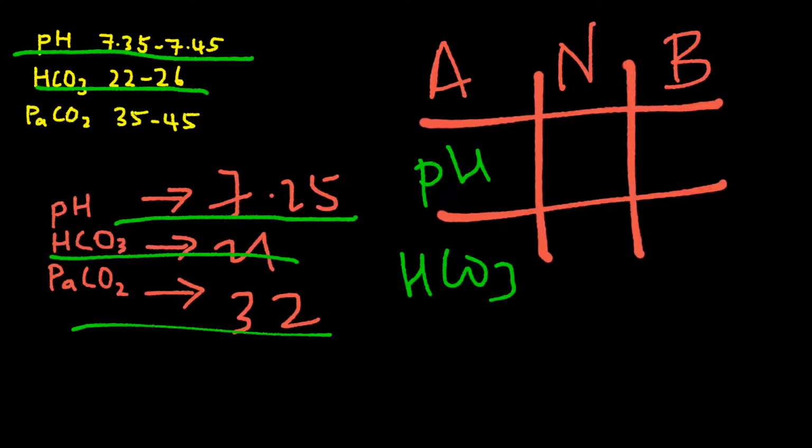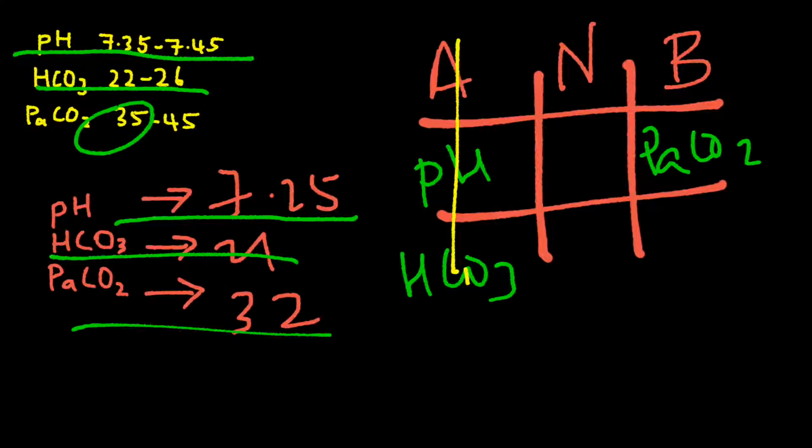So for PaCO2, 32 is in this region here, which would mean that it is alkaline, since the PaCO2 result is interpreted in the opposite way of pH and HCO3. When we look at the results here, you can draw a straight line down this way.